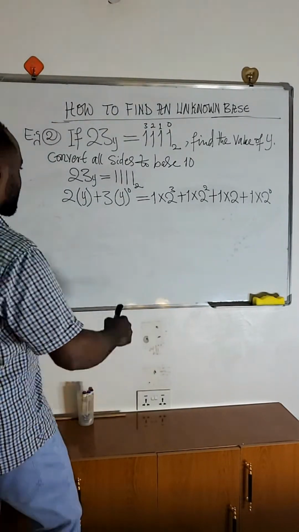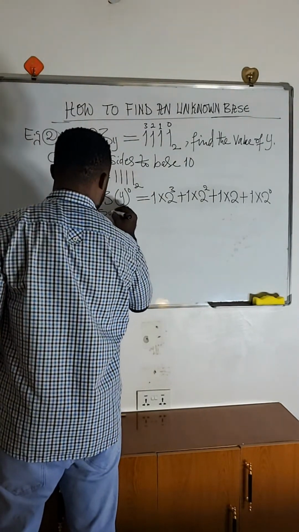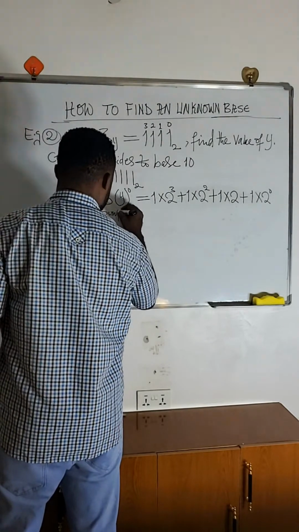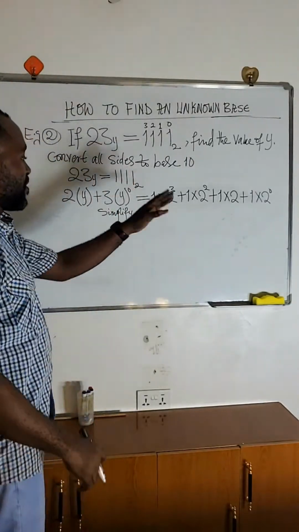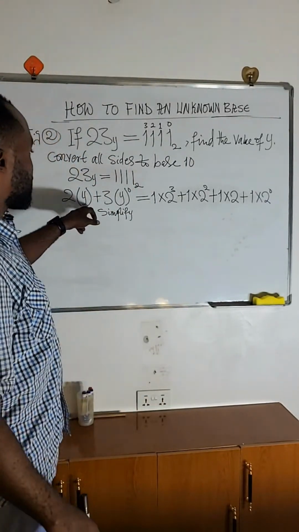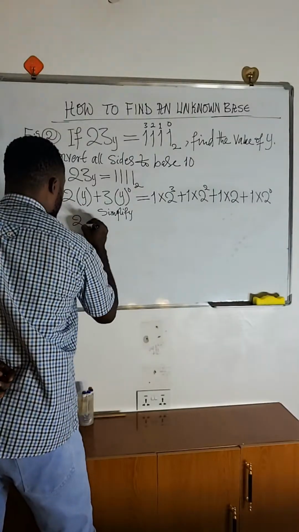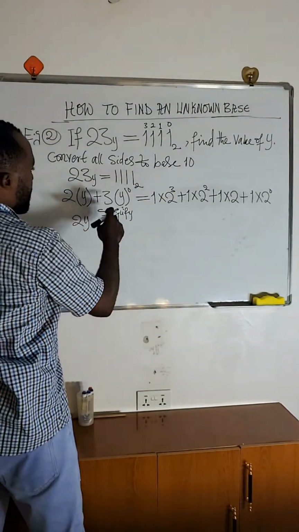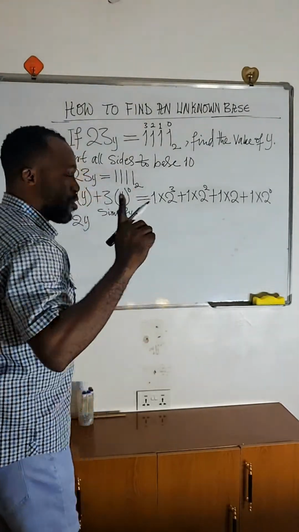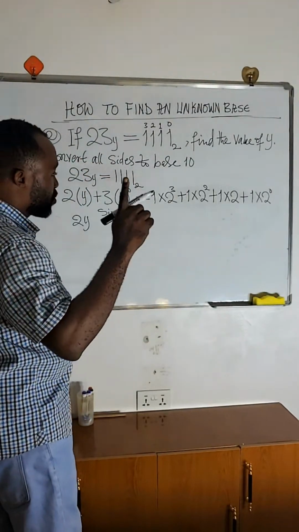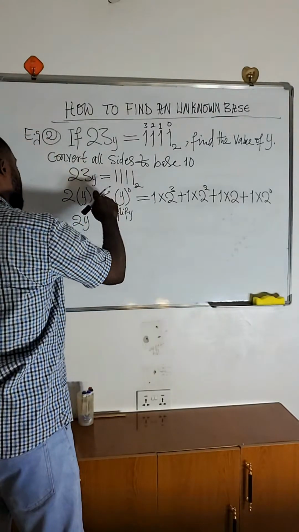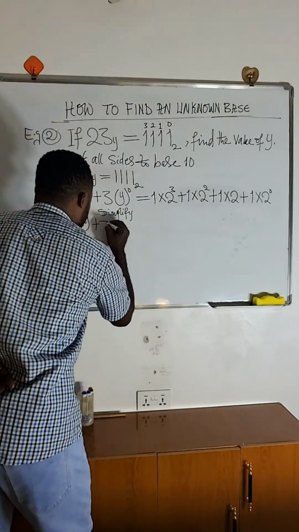The next thing is simplify. We have to simplify all of that. 2 times y is 2y. Y raised to the power of 1 is y, raised to the power of 0 is 1. And so 1 times 3 is 3.